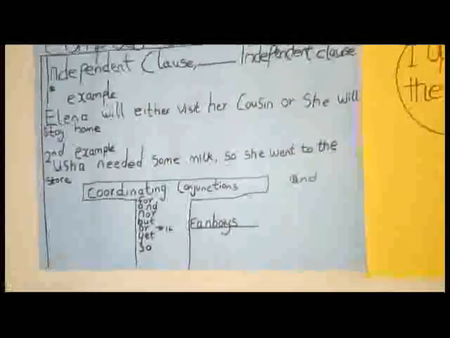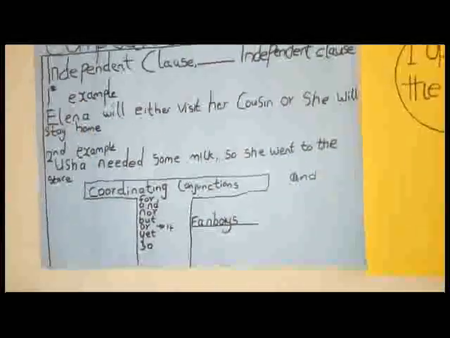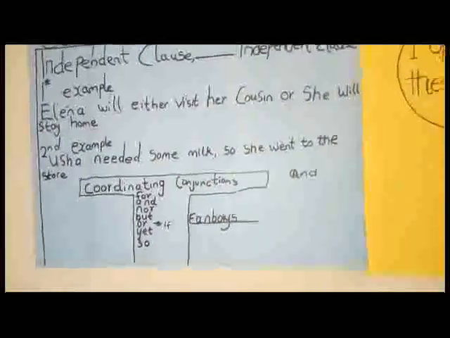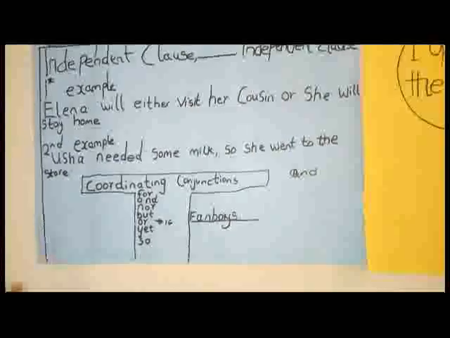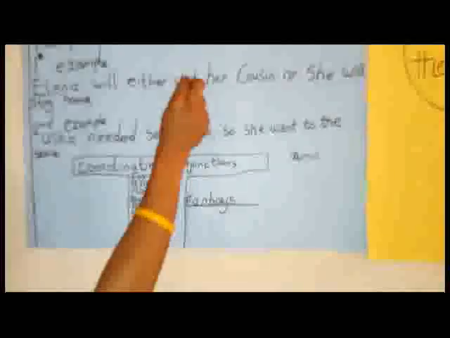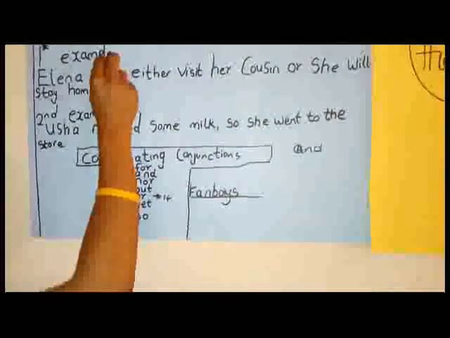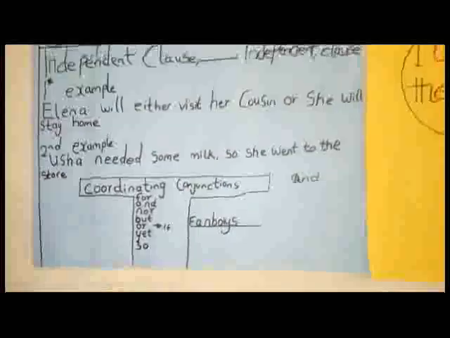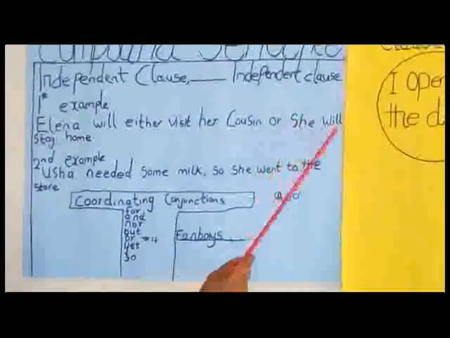So Elena here is the subject, because we said an independent clause has a subject and a verb. So we're going to pick out the subject and the verb. Elena will either visit her cousin. Will visit is the verb. Or is your conjunction. She will stay home.